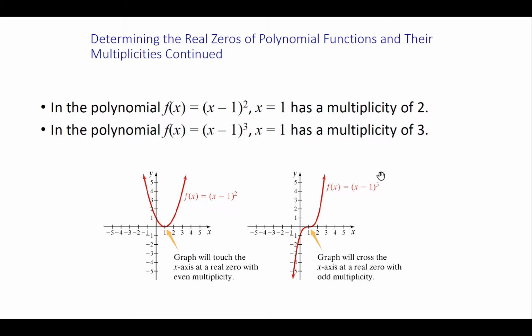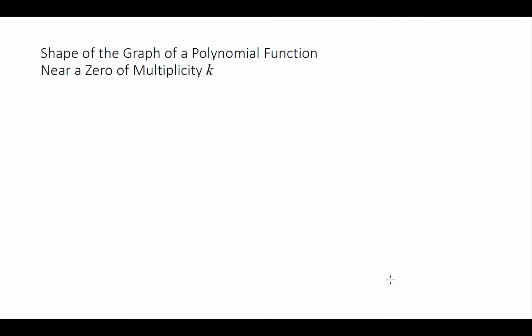But for odd multiplicity, as you can see, the graph crosses that point, meaning it goes from down to up or up to down. So the graph will touch the x-axis at a real zero with even multiplicity. That is our finding. The graph will cross the x-axis at a real zero with odd multiplicity.